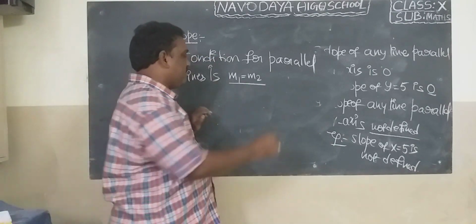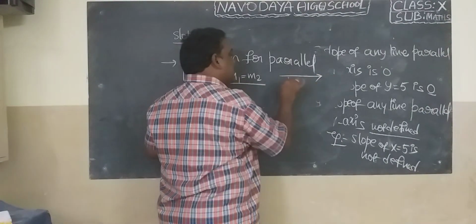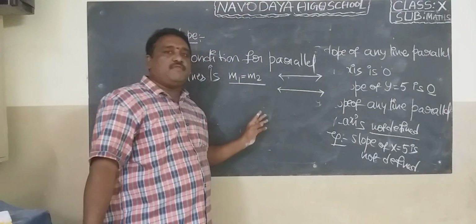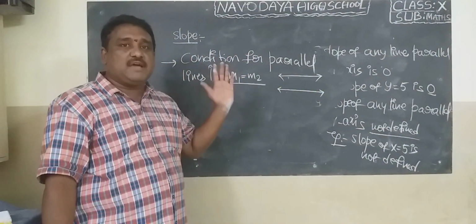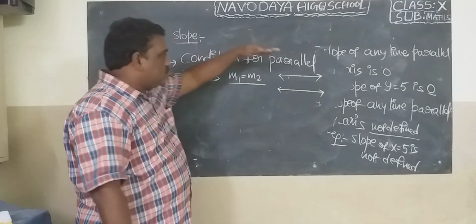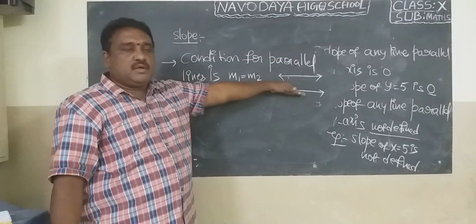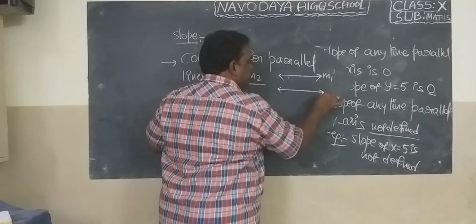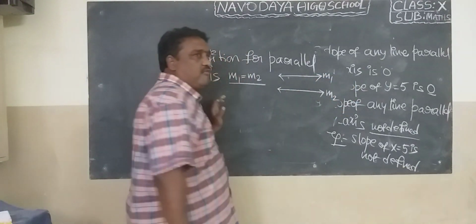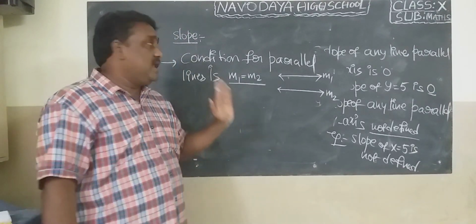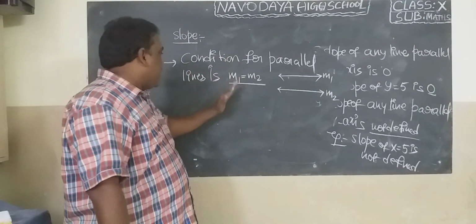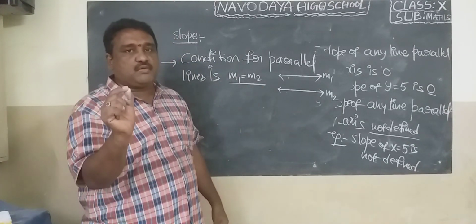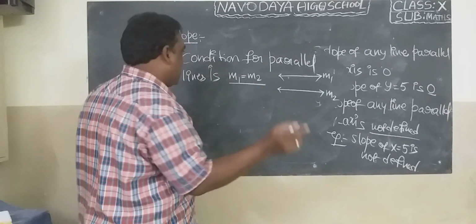Two lines are said to be parallel if they never meet when produced. Parallel lines never meet each other. Suppose slope of the first line is m1, slope of the second line is m2. The condition for parallel lines is m1 equal to m2. Slopes are equal, then the lines are parallel.